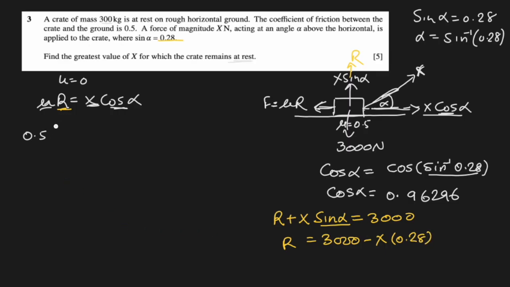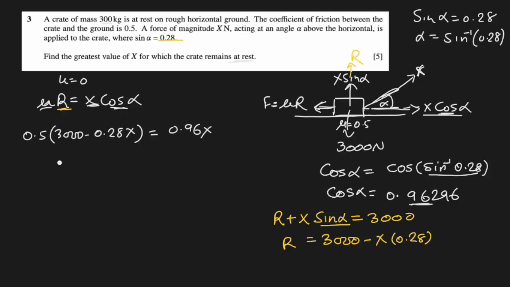So 0.5 times 3000 minus 0.28X is equal to, let's call it 0.96, 0.96X.